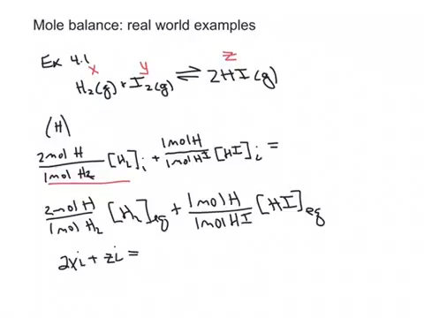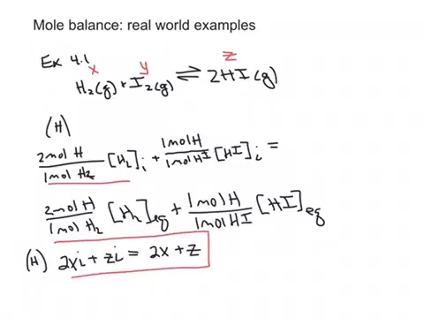That's equal to 2x. We're not going to write EQ in there because 2x is assumed to be at equilibrium, plus z. Again, when you do your work, make sure to show in parentheses that this is in terms of hydrogen, and this is the equation that you would plug into Mathematica.